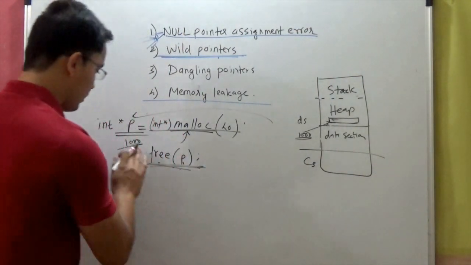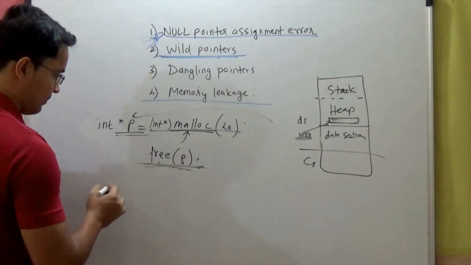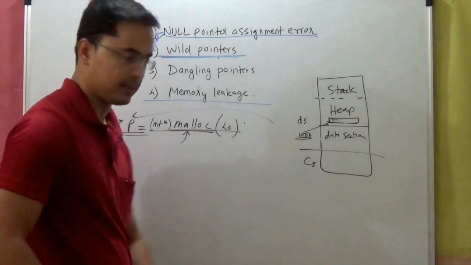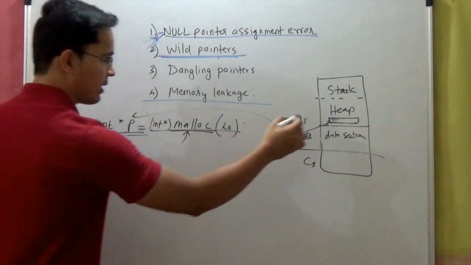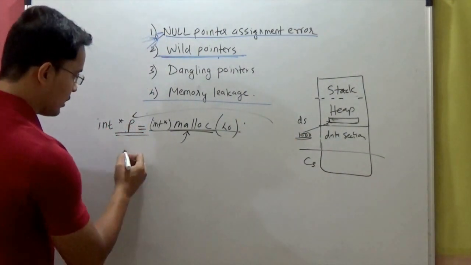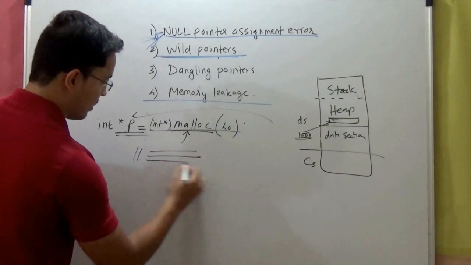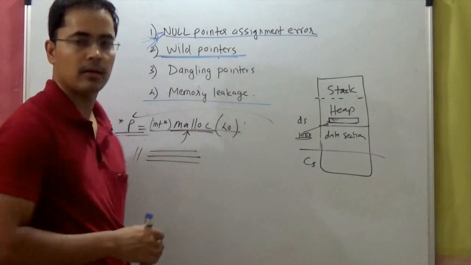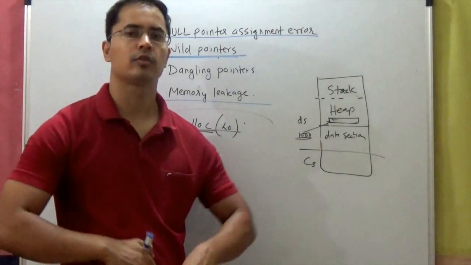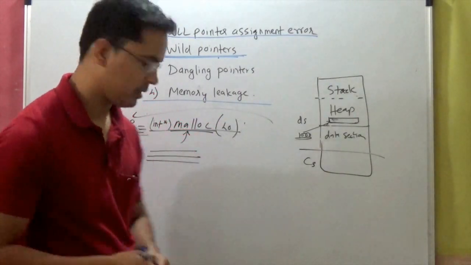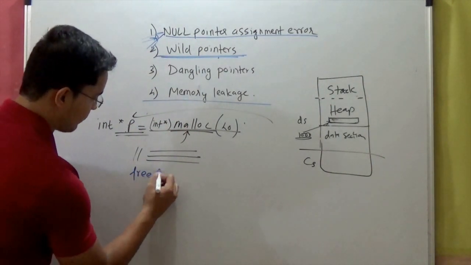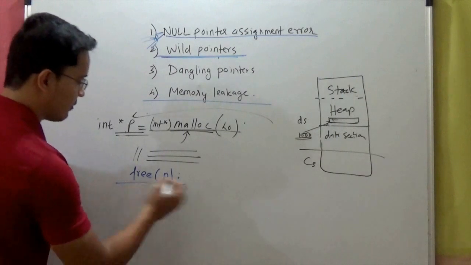Now, one problem with free is that, let us say you allocated 40 bytes dynamically and stored that starting address 1000 in p. Then you did some processing. You wrote some code to use that memory area for storing values, for displaying, for changing, whatever. And then you decided to use free, so you said free(p).